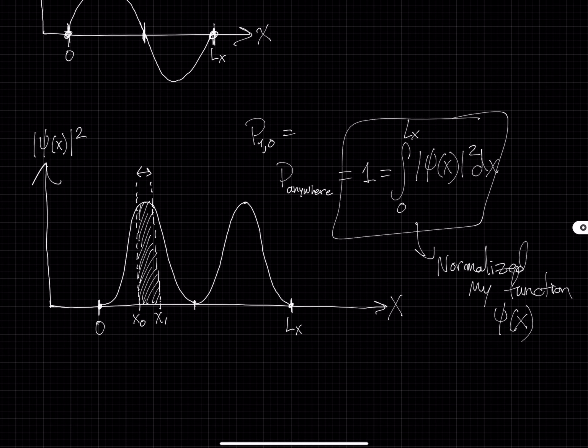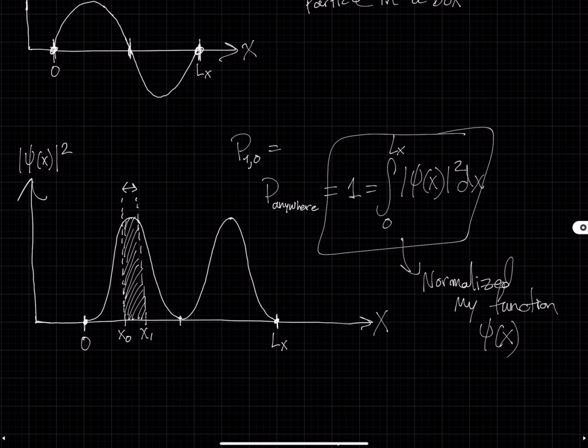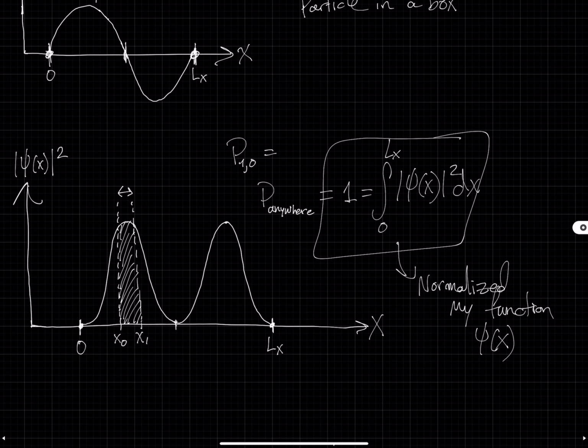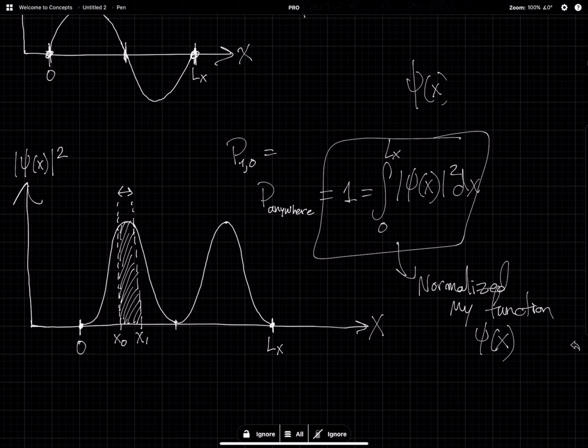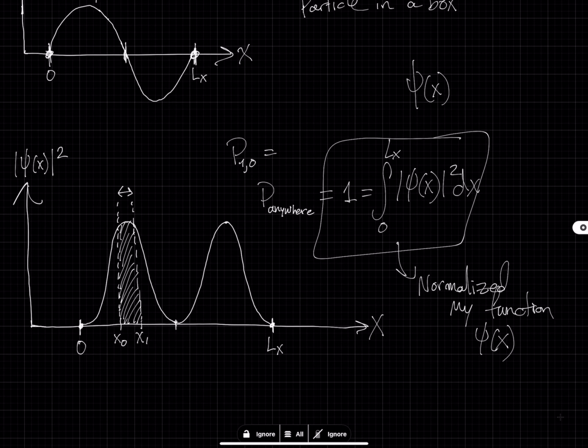Psi of x, okay? Now, we're going to get into precisely how to do this later, but just to be brief here, usually we have our function psi of x proportional to some constant A times sine of x.